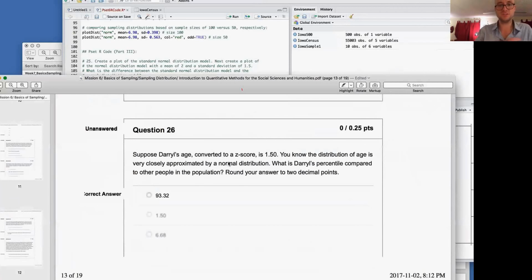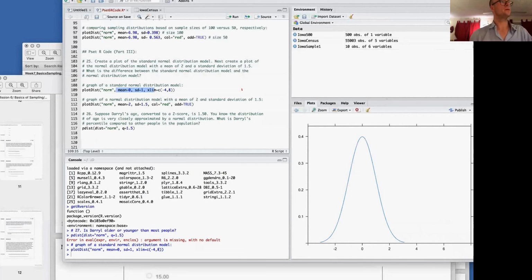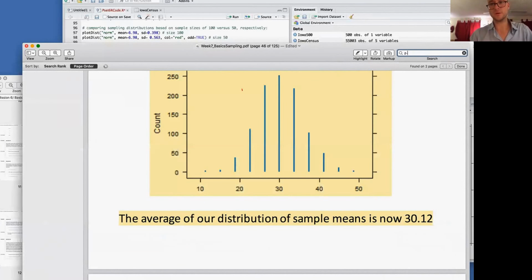You know that the distribution of age is very closely approximated by a normal distribution. What is Daryl's percentile to other people in the population? Round your answer to 2 decimal places. So what you do with figuring this out is basically you use the logic of a z-score.